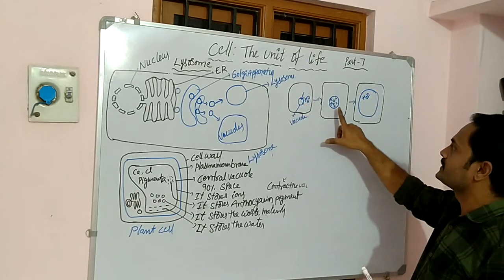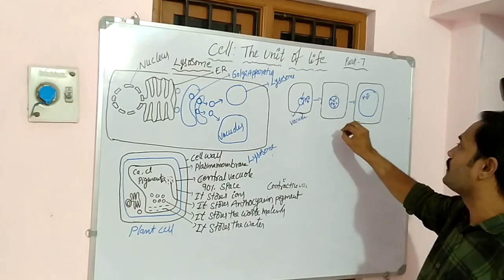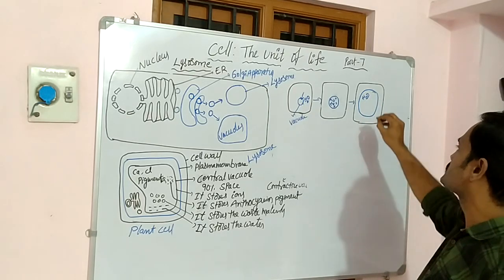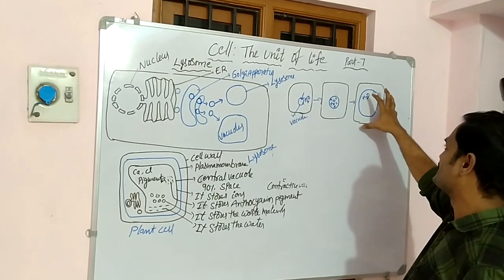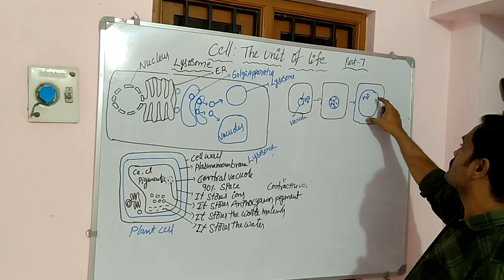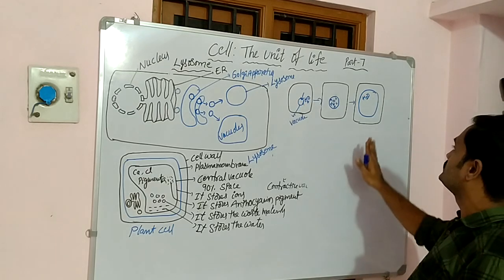Once the water enters, it gives pressure on the vacuole. Then the vacuole size increases. Like that, in the plant cell, the size of the vacuole increases.